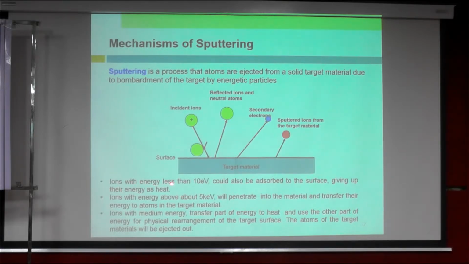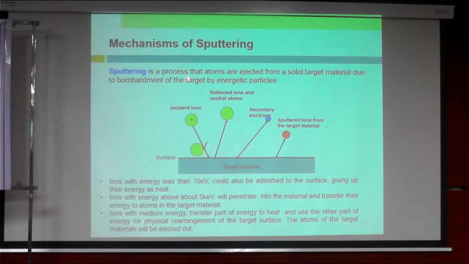An ion with energy less than 10 electron volts could also be absorbed on the surface, giving up the energy as heat. So it will heat up this material if it's less than 10 electron volts. An ion with energy above 5 kilo electron volts will penetrate into the material and transfer the energy to atoms in the target material.